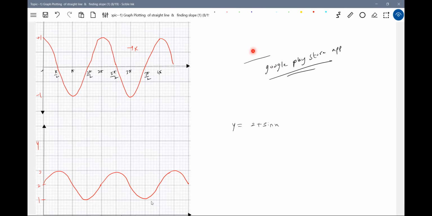Desmos, I'll write it clearly. It's a very good app where you can really learn mathematics meaningfully. Please do explore this app, where you can see all these functions, just type it. You do experiment like this. What is 2 minus sine x, how will it be, minus 1 plus sine x, how will it be. These are various functions you can try.